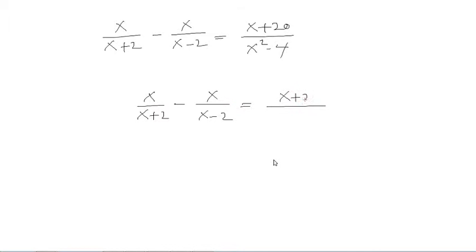And now if I factor x squared minus 4, I get x plus 2 times x minus 2.